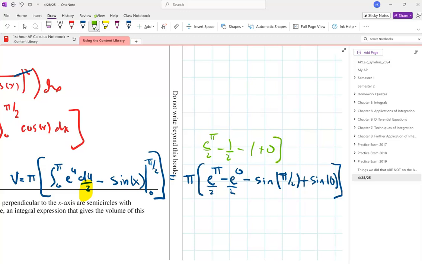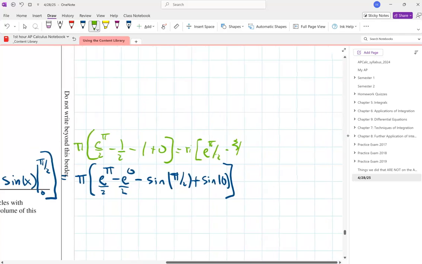Sine of 0 is 0. So pi times e to the pi over 2 minus 3 over 2 or something like that.